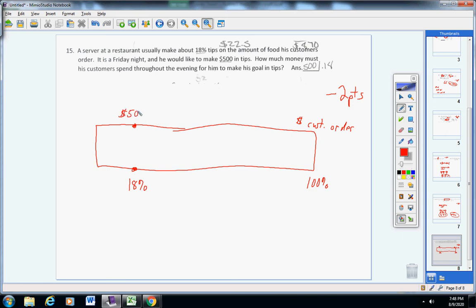Now, you can use ratios, and that's what I like to do. Here's a ratio here. So, 500 over 18 equals, here's a ratio here. This is my unknown. I don't know what this is. We'll call it x over 100.